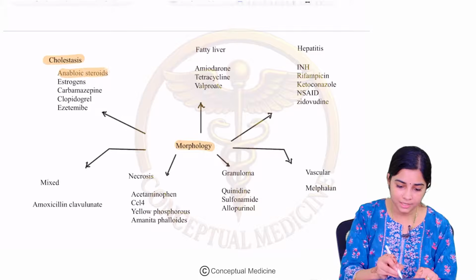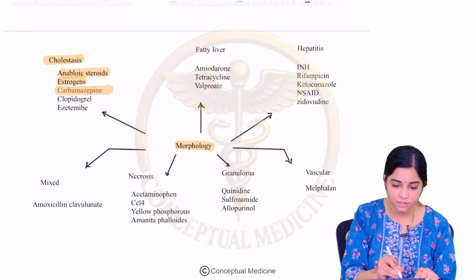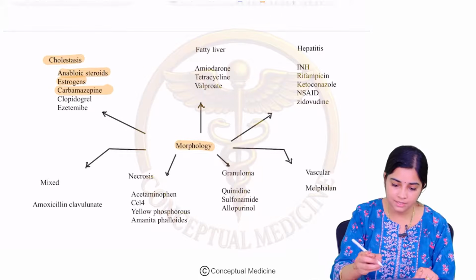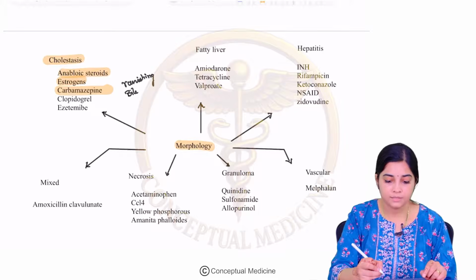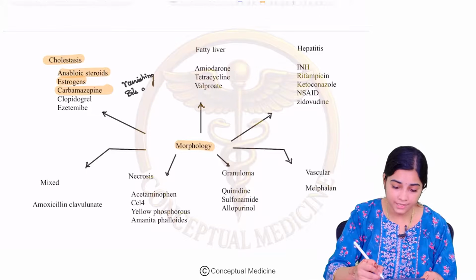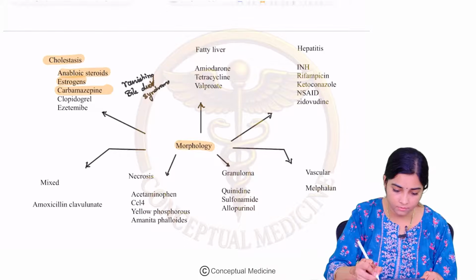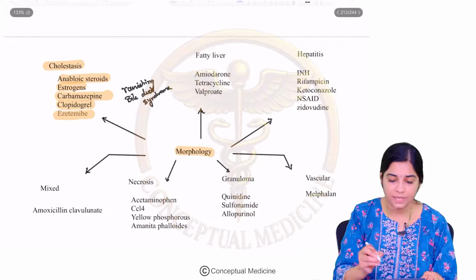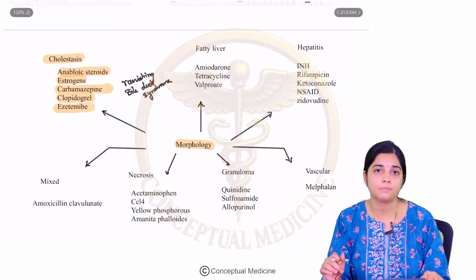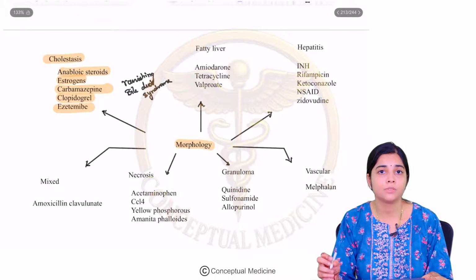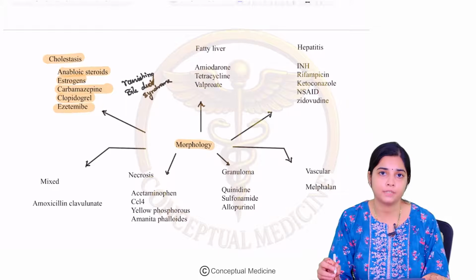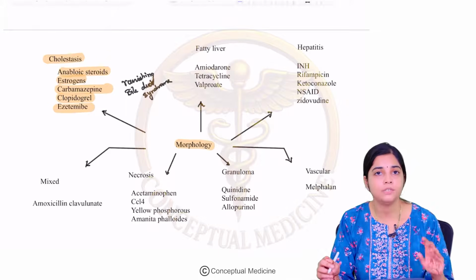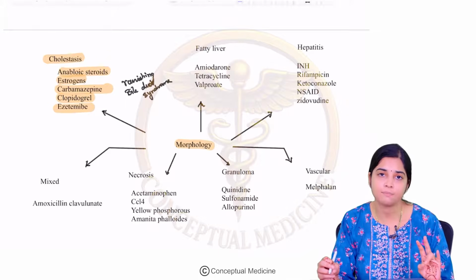You have to remember anabolic steroids, estrogen, carbamazepine. Carbamazepine is an anti-epileptic; it causes vanishing bile duct syndrome. The other drugs include the antiplatelet clopidogrel and ezetimibe, an anti-dyslipidemic drug. So these are the group of drugs which can cause a cholestatic pattern of liver injury. Very importantly, remember estrogen and carbamazepine.